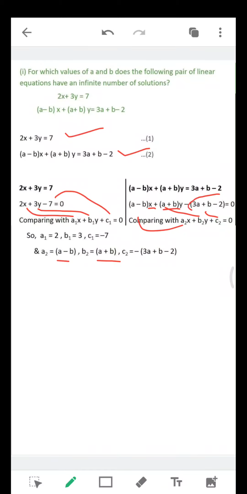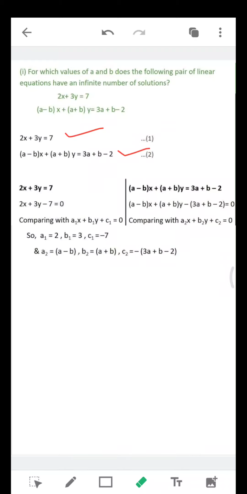It should be taken on the left hand side because it is on the right hand side here, so we take it to the left hand side with the minus sign. So this is your c2. What is our c2 value? c2 is minus of 3a plus b minus 2. So first you must find the coefficients a1, b1, c1, a2, b2, c2.